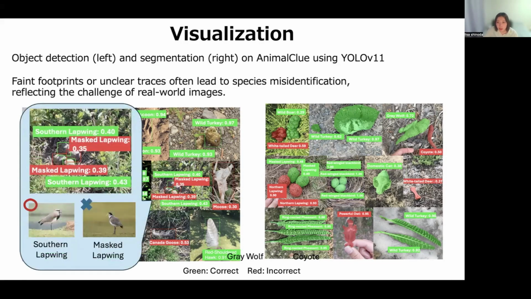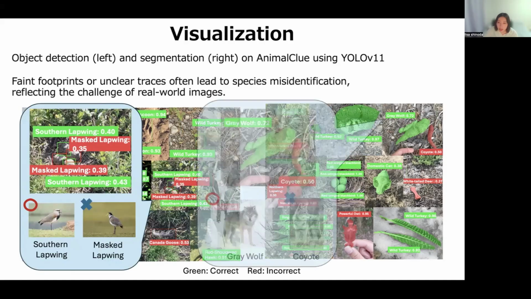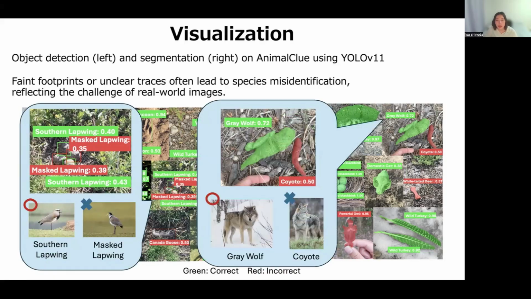We also observe that the model misclassifies species that are taxonomically very close. The left one shows the model misidentifying a southern lapwing egg as a masked lapwing egg, and the right one shows the model misinterpreting gravel scats as those of coyote.